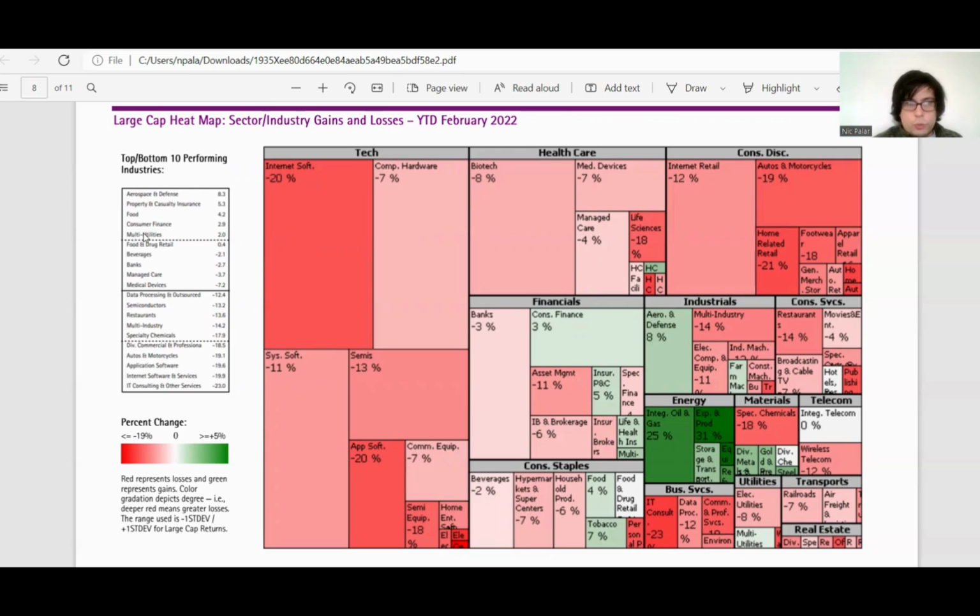The reason is we have limitations as to what appears in this table based on the number of constituents in each industry. In this case, I think we only have 2 integrated oil and gas companies in the integrated oil and gas industry, which means that's an insufficient number to appear on this chart.